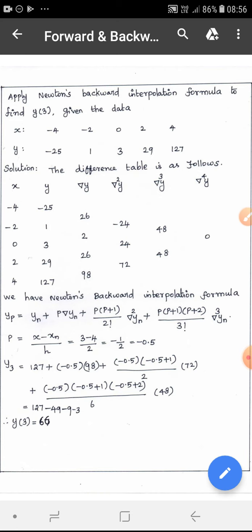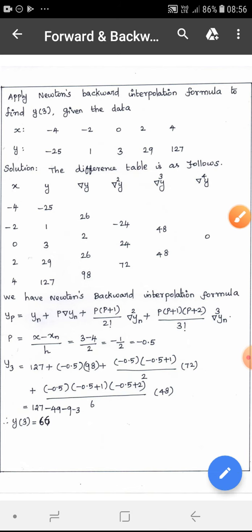So again, the construction of the difference table is as before. You have to go for succeeding value minus preceding value of the previous column. So to calculate the entries of the third column, you look at the entries of the second column.